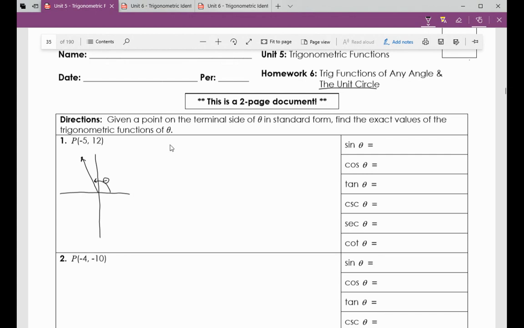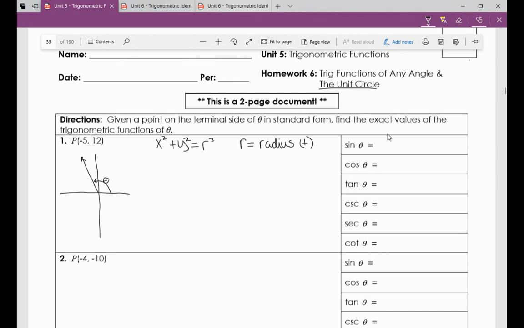So in order to do this, we're going to have x squared plus y squared equals r squared. R is always the radius, and radius is always positive.